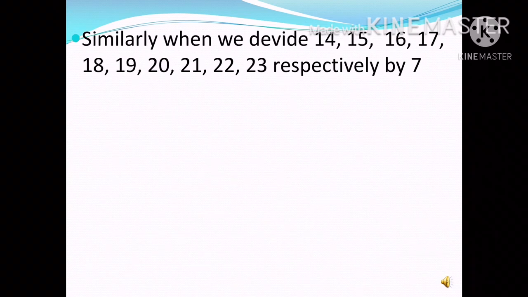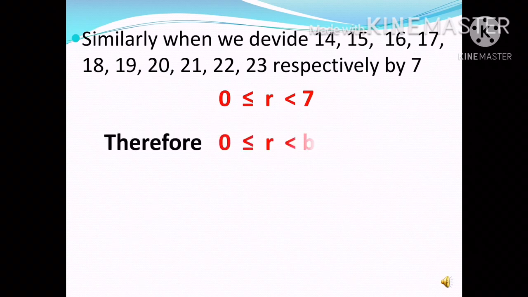Similarly, when we divide numbers 14, 15, 16, 17, and so on by 7, what can you say about the remainder? The minimum value of the remainder is 0, and it can take values 1, 2, 3, 4, 5 and 6 but not 7. Therefore, the value of r can be 0 or greater than 0 but is always less than 7.